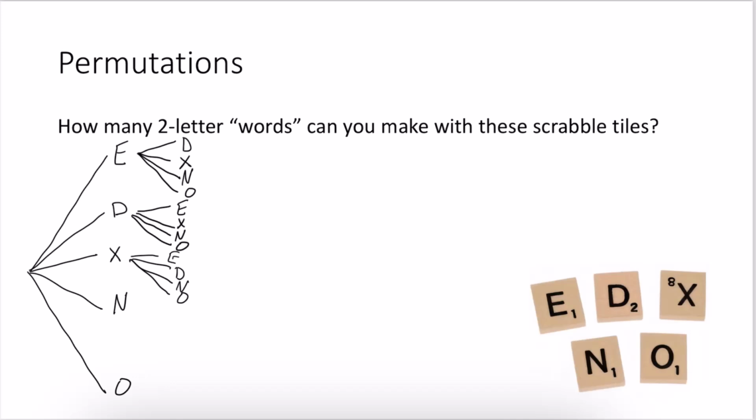And then same thing with the letter N. I could choose E, D, X, or O, but I couldn't choose the letter N because I had already chosen it. And then for my last set of the choice tree, if I chose the letter O first, I could choose E, D, X, or N, but not the letter O because I had chosen that one as my first one.